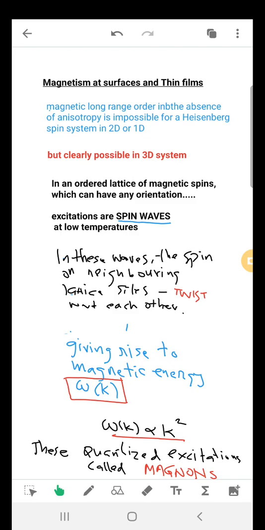Now, in an ordered lattice of magnetic spins, which can have any orientation, the excitations at low temperature are called spin waves. In these waves, the spins on neighboring lattice sites twist with respect to each other, giving rise to magnetic energy omega k, which is proportional to k squared. And these quantized excitations in spin waves are called magnons.